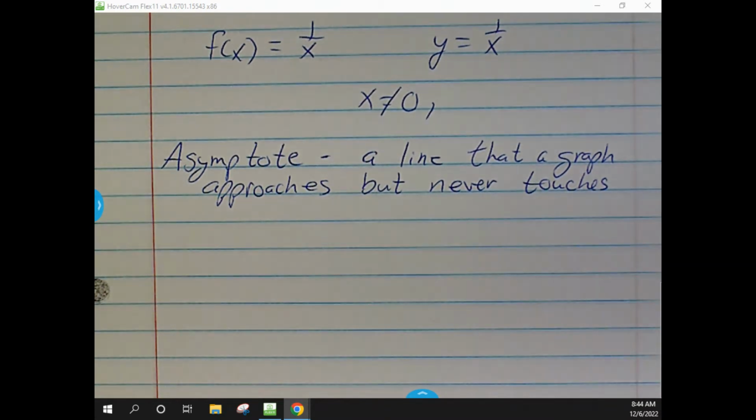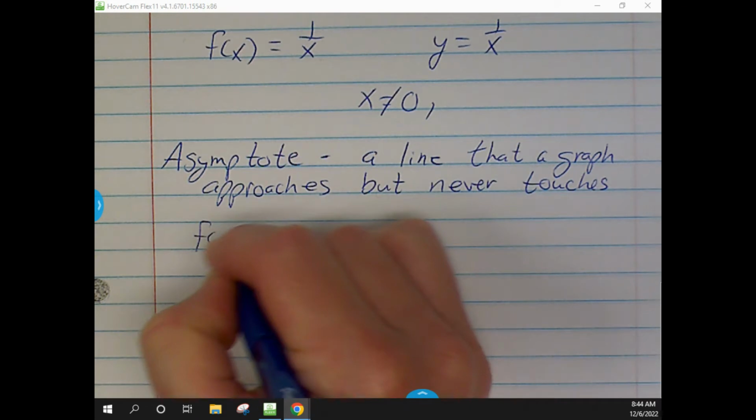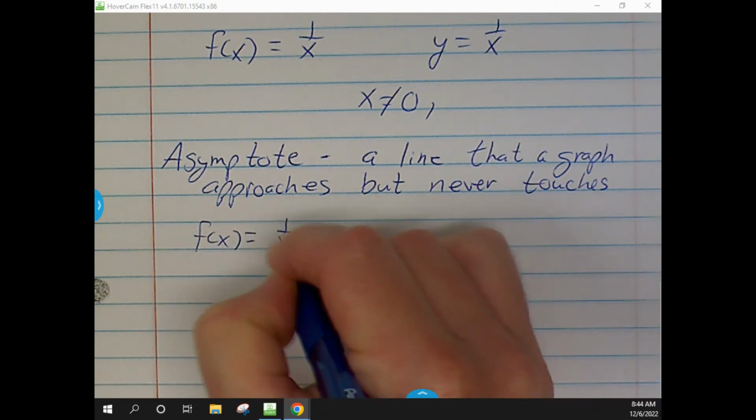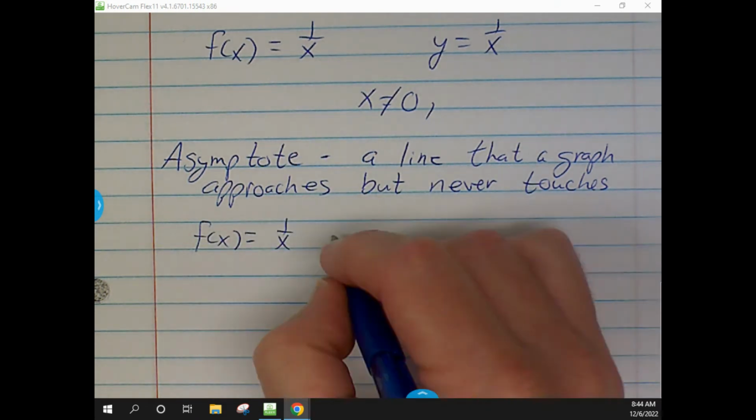And for this particular function, a reciprocal function, f of x equals 1 over x, it has two different asymptotes.